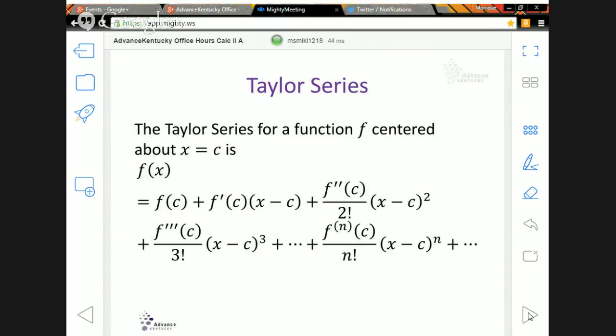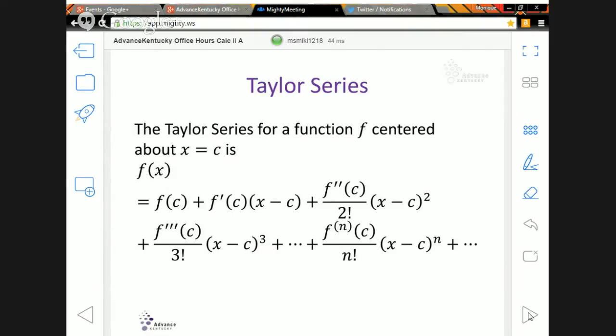So we center it around a value we'll just call c for now. In general, our Taylor series for a function f centered about x equals c is given by what you see here on the slide.